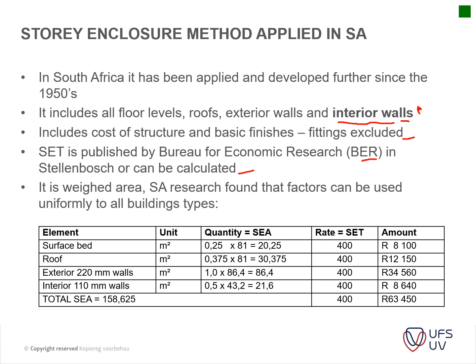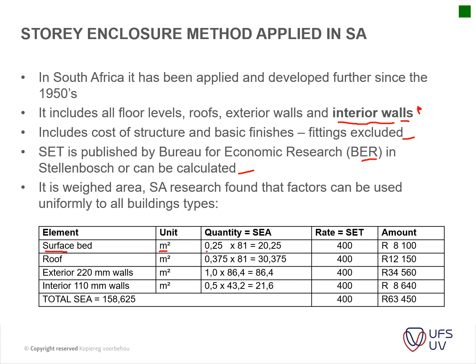Okay, it is weighted by area. South African research found that factors can be used uniformly for all building types. Okay, so the following is just an example of how it works. Whenever you measure your surface beds, again you measure your square meter area.